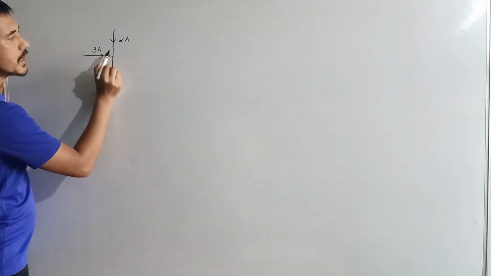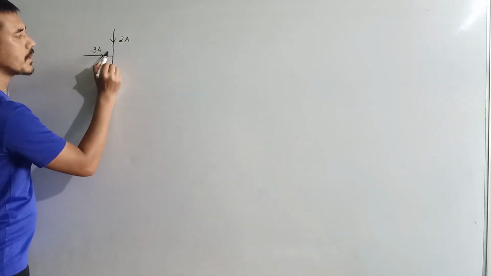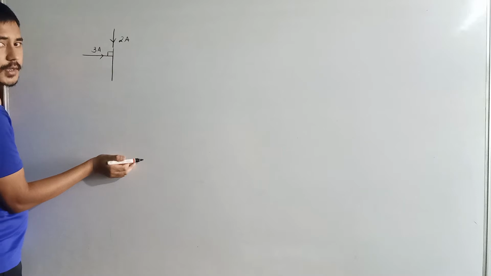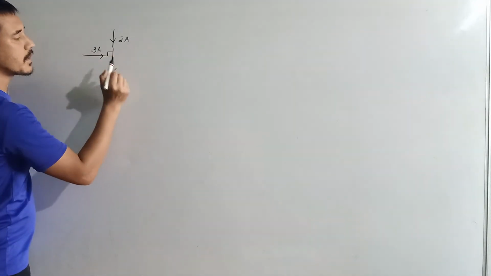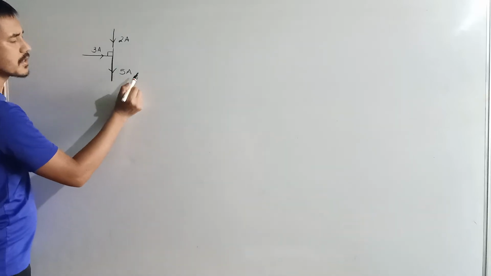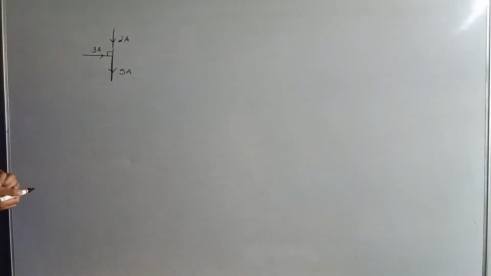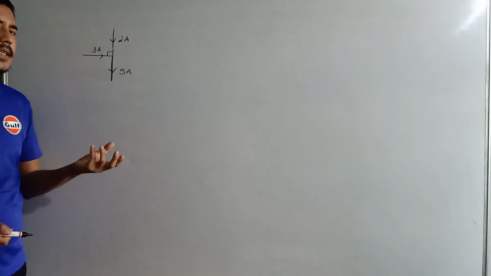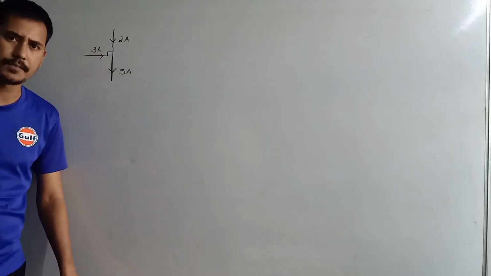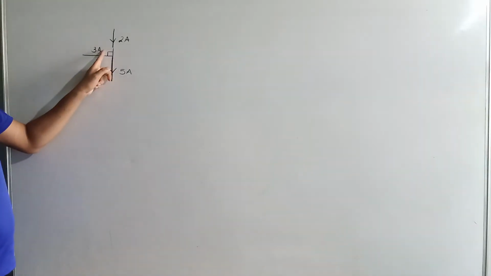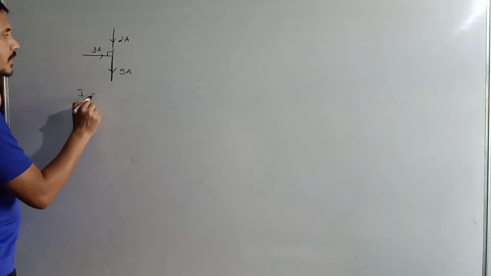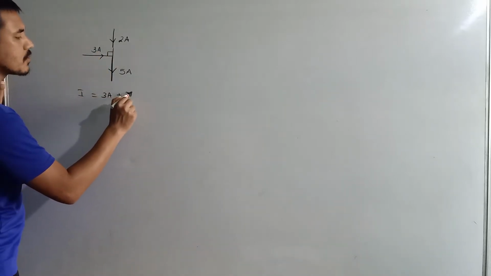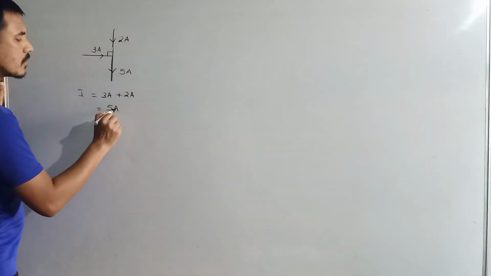The two currents make 90 degrees with each other. Then the resultant current will be 3 plus 2, 5 amperes. Current always adds up like a scalar quantity. It does not depend upon the angle.